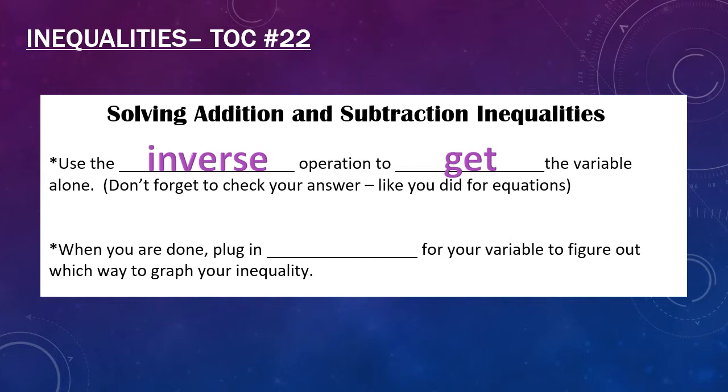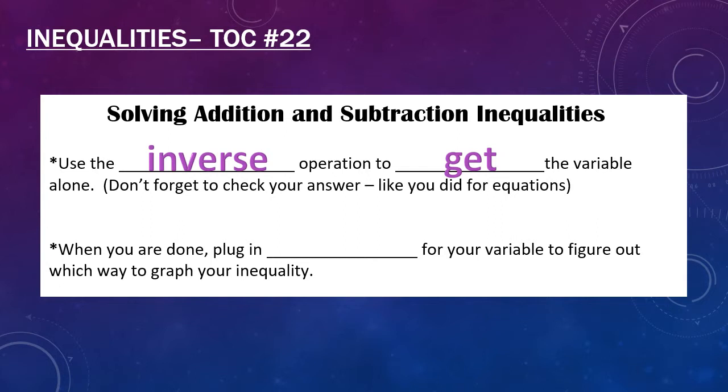However, the only difference is instead of one solution, you're going to have many different answers. And instead of getting x is equal to this, you're not going to have an equal sign at the end. You're going to have one of those inequality symbols, and you're going to be graphing it on a number line. So, of course, at the end, you have to figure out which way does my number line go.